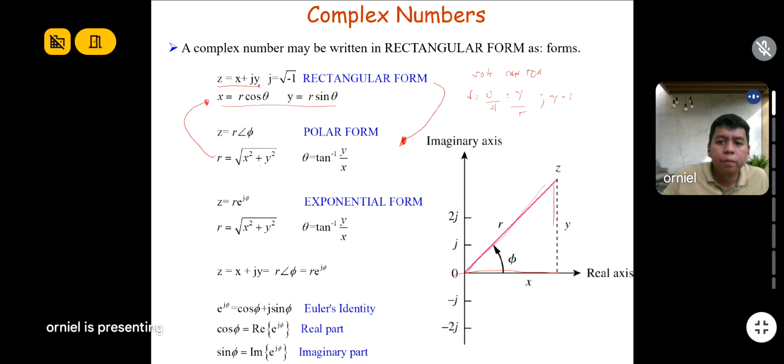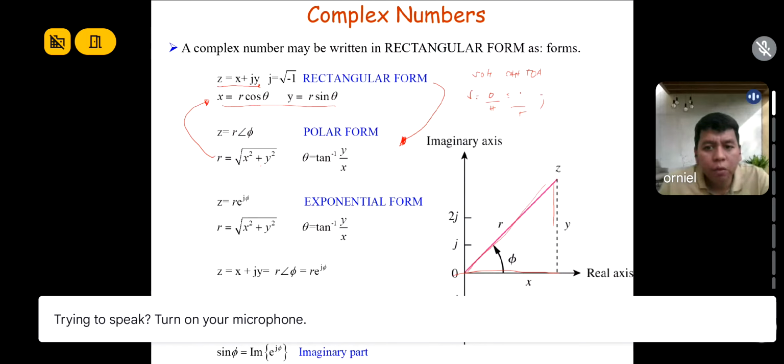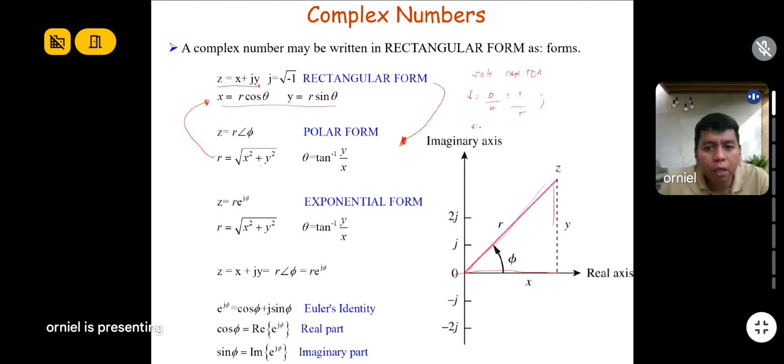Y is equal to... the opposite is y, so sine is y over r.